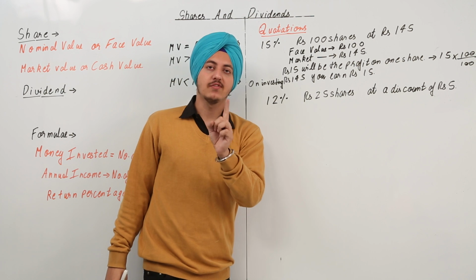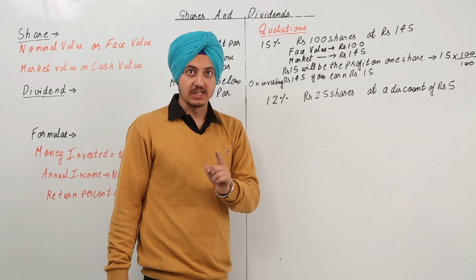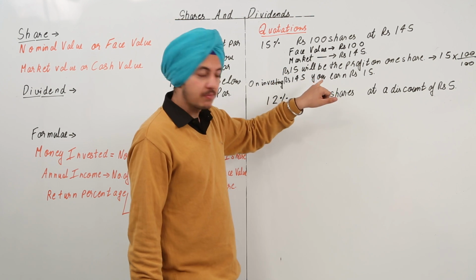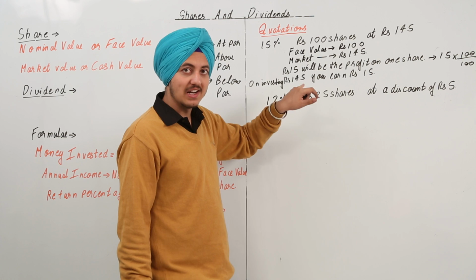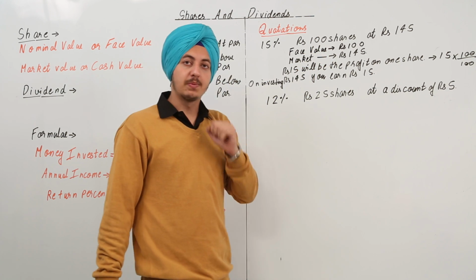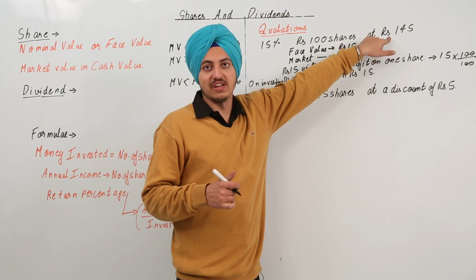Because you will have to buy one share for rupees 145 and you will earn rupees 15. We calculated that as 15% of 100. So rupees 15 is earned when you invest rupees 145.